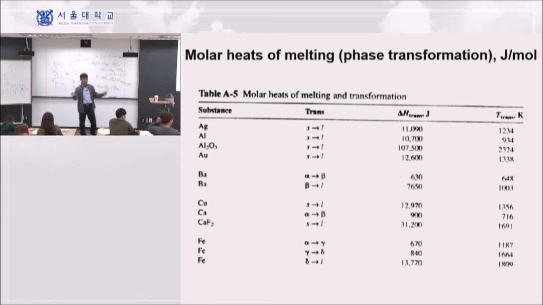Because now you have to break down all your bonds and then become liquid phase. So that's why you typically need a bigger number. And if it is a gas transition, liquid to gas, it's a much bigger number, of course. Okay? You good? So you know how to read it.